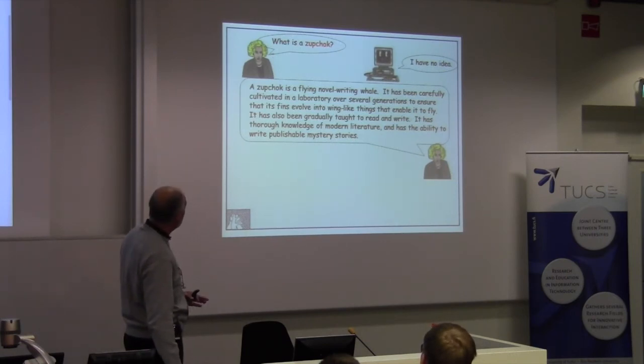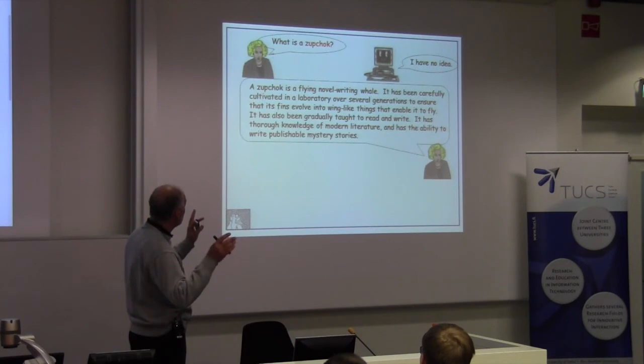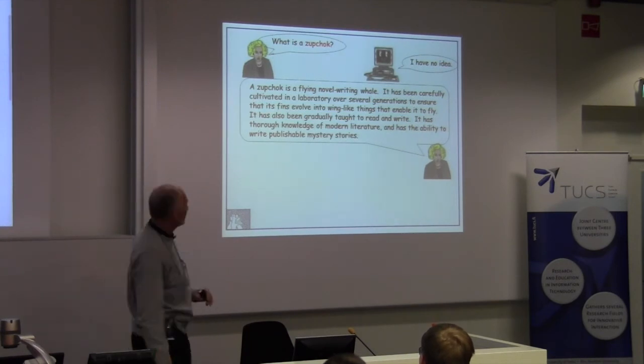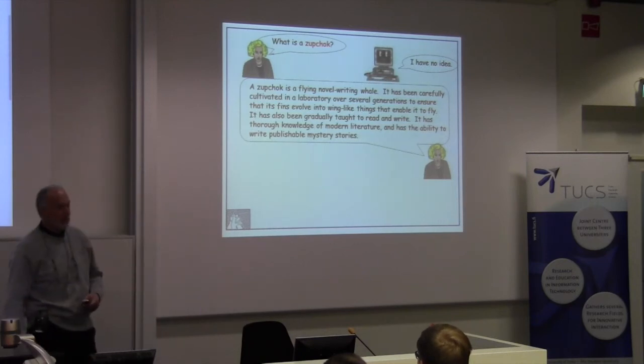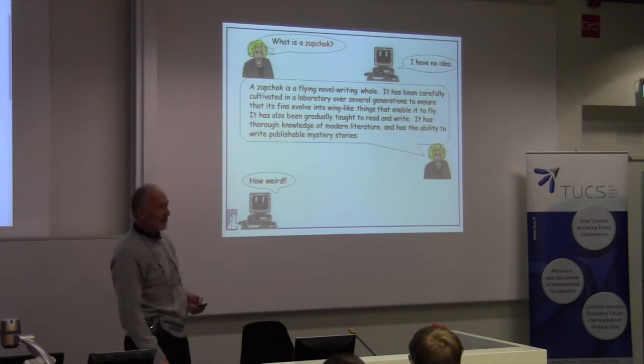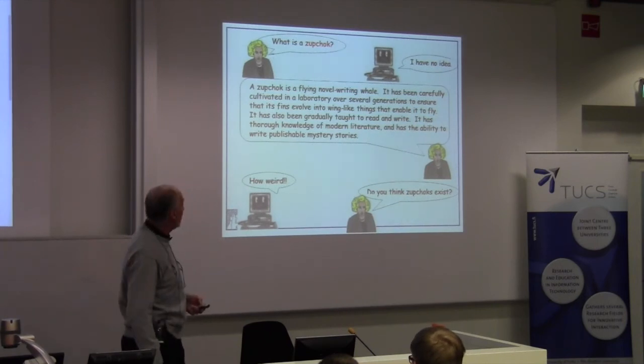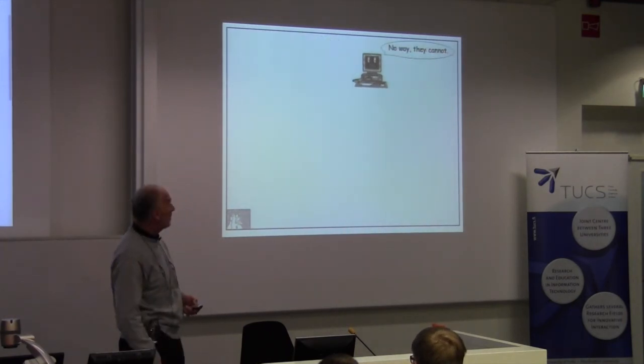It has been carefully cultivated in a laboratory over several generations to ensure that its fins evolve into wings that enable it to fly. It's also been gradually taught to read and write. It has thorough knowledge of modern literature and has the ability to write publishable mystery stories. How weird. So she says, yeah, that's weird, but do you think they exist? And the computer or the human says, no way, they cannot.